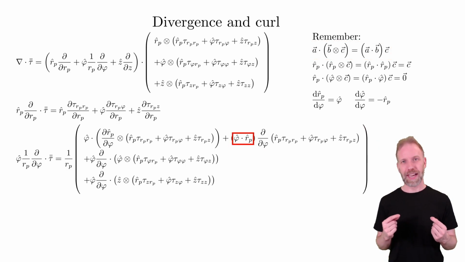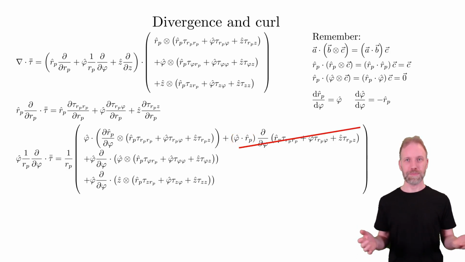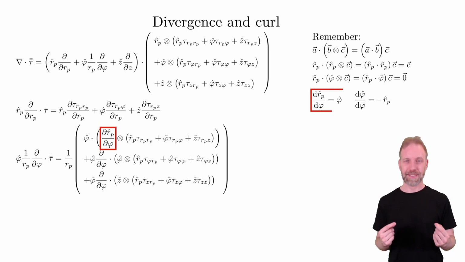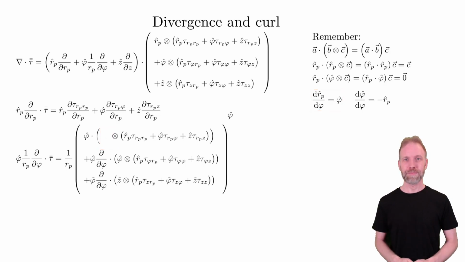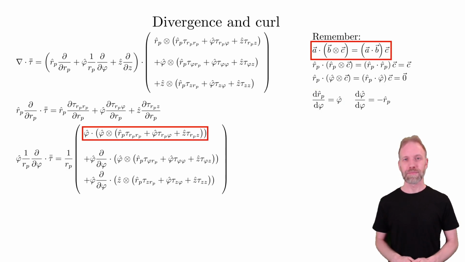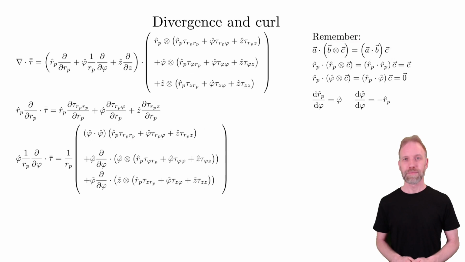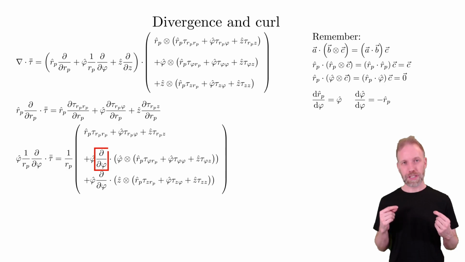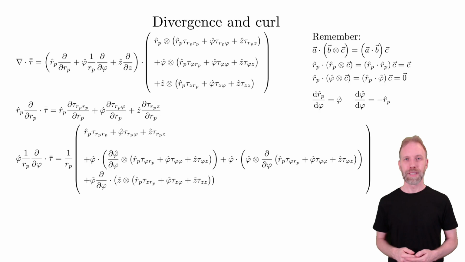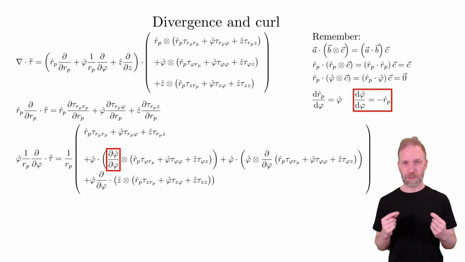As rp hat dot phi hat is 0, the second part will be 0. The derivative of rp hat with respect to phi is phi hat. Use the associative property. Phi hat dot phi hat is 1. Use the product rule. The derivative of phi hat with respect to phi is minus rp hat.